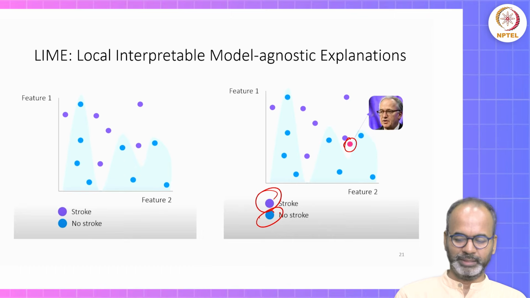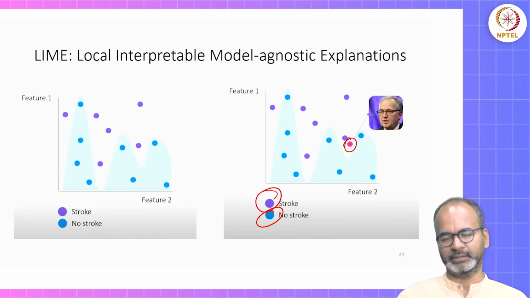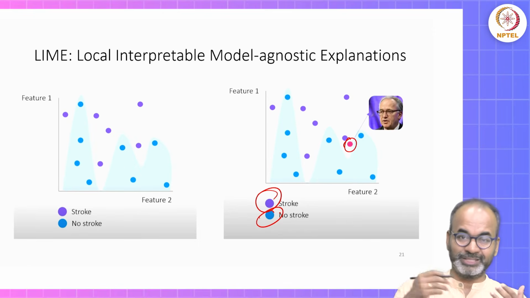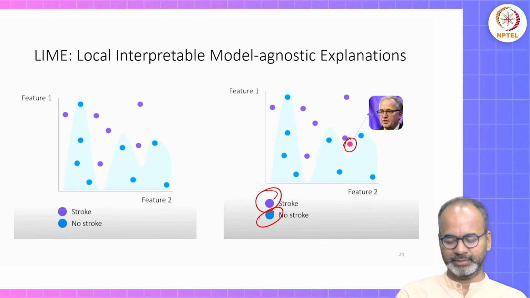Please remember, it's not an easy answer. We can use the model we have built, but we have to explain whether this user is very close to the model, say by just using distance, or whether he's in the other space and therefore has a stroke. That's the explanation we are looking for.